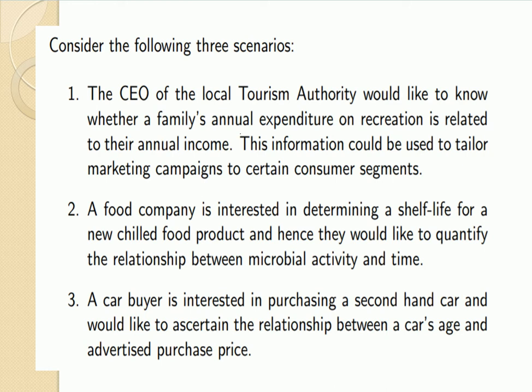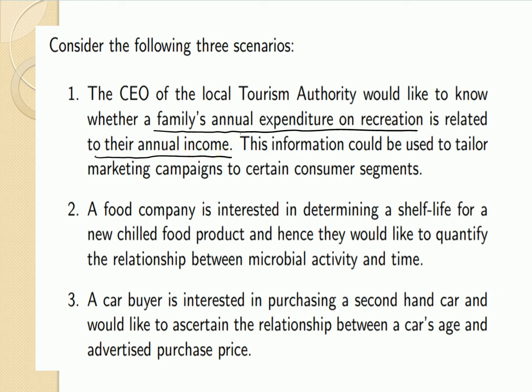This information could be used to tailor marketing campaigns to certain consumer segments. In this example, the two variables are the family's annual expenditure on recreation and the family's annual income.